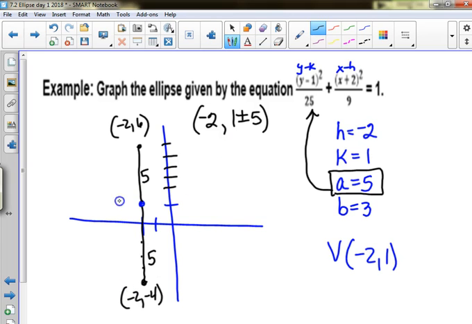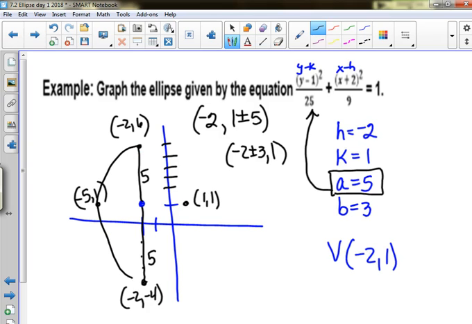Okay. How far am I going out either way, left and right? 3. And what number is that going to change? Yeah, it's going to change the x. So it's going to be -2 plus or minus 3, and then the 1 is going to stay from the vertex. So that's H plus or minus B comma K. So if I go 3 this way, where am I at? -5, 1. And if I went 3 this way, I'm at 1, 1, right? -2 minus 3 is -5, plus, okay.